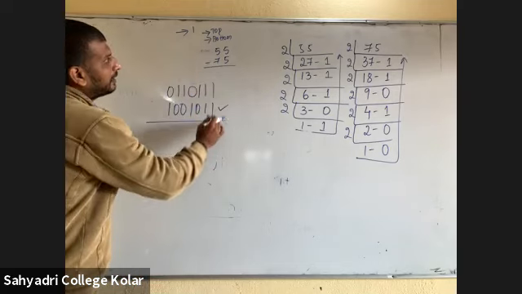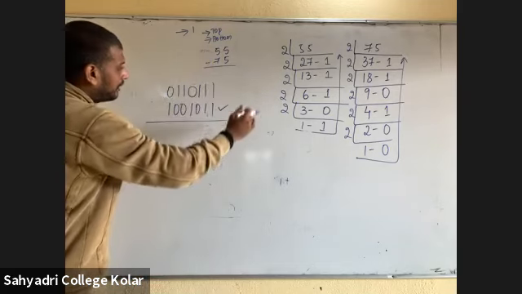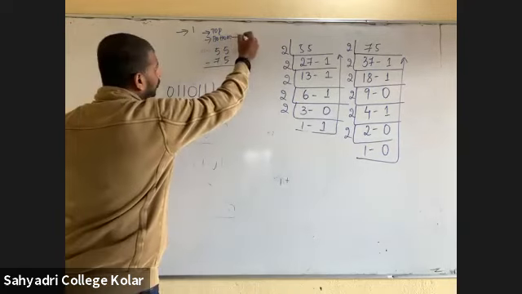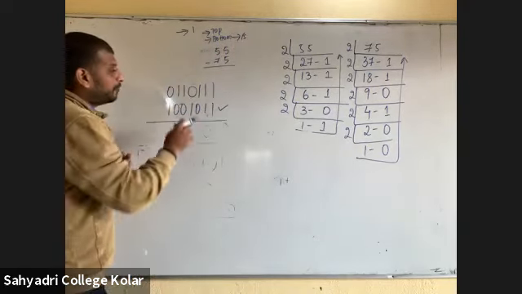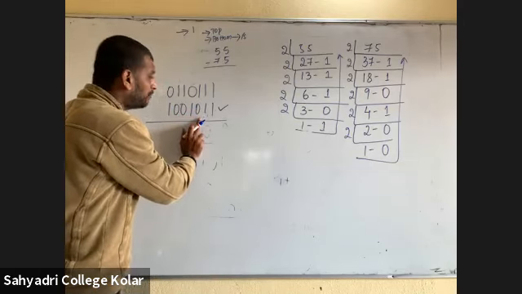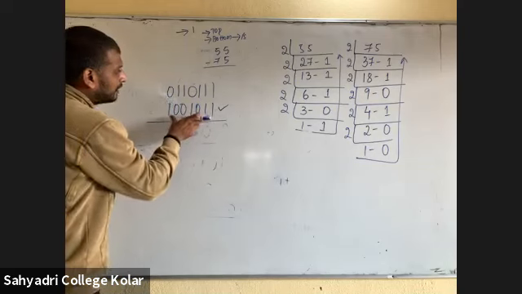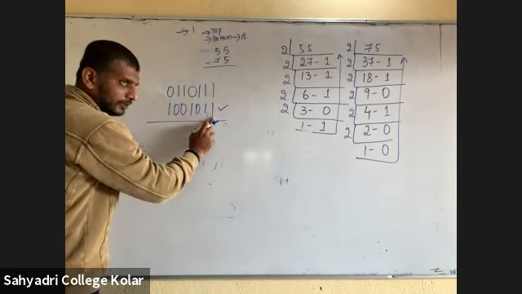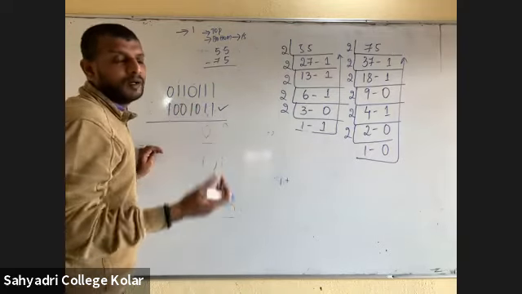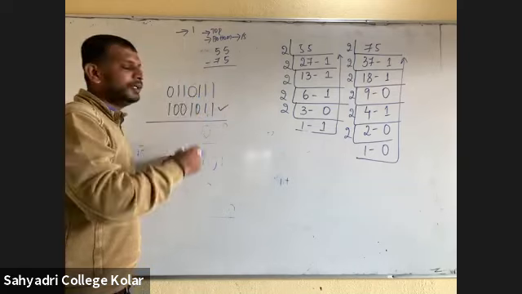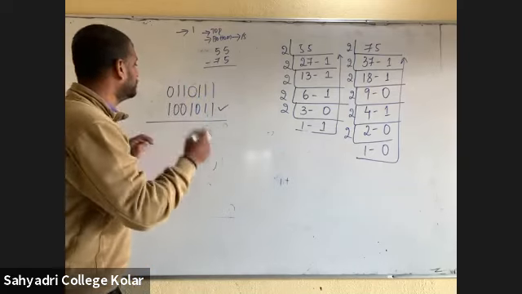After converting the decimal to binary, next you need to find the ones complement of the bottom number. What is the bottom number you have? 1001011. What is ones complement? It is nothing but replacing zeros with ones and ones with zeros.